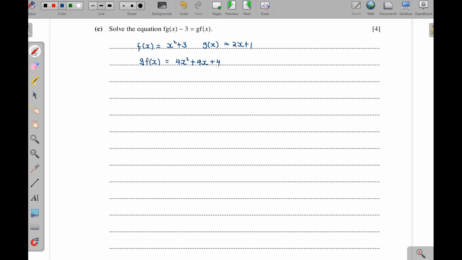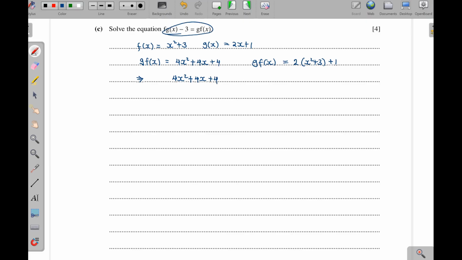Okay? Then gf of x. Now put f of x in the place of x here. So this one will be 2 into x squared plus 3, plus 1. So we shall now have 4x squared plus 4x plus 4.